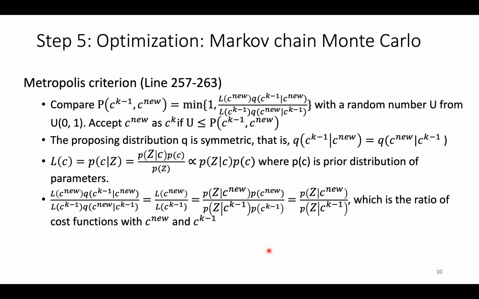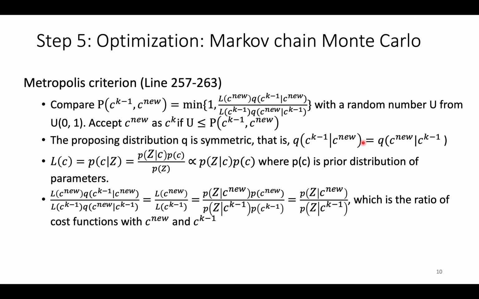The Metropolis criterion is to compare a probability, which is the minimum value between 1 and this equation, with a random number u generated from a uniform distribution. If this probability is larger, these new parameter values will be accepted. Because the proposal distribution is symmetric, these two components are the same in value.